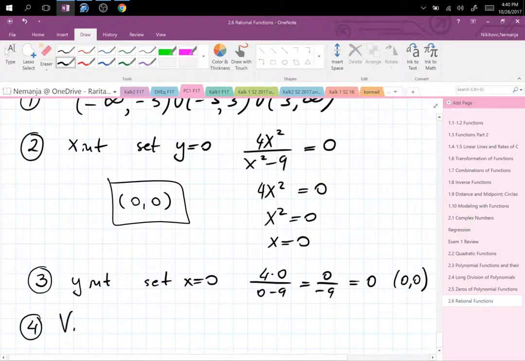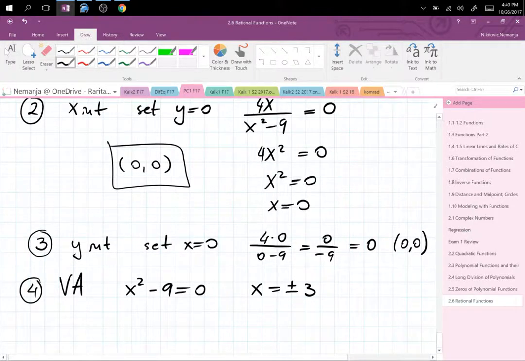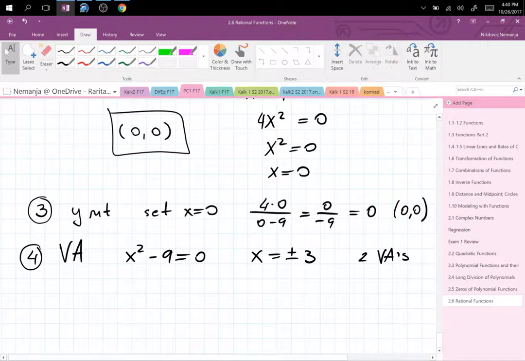Number 4, VA. That's x squared minus 9 equal to 0. We already discussed that. We get plus and minus 3. So 2 vertical asymptotes this time. How about HA? Y equal 4. Very good.